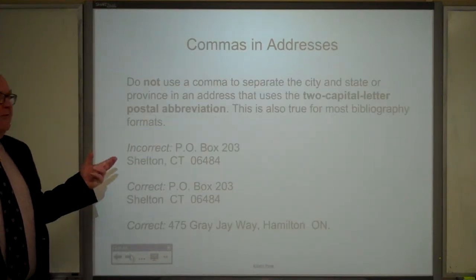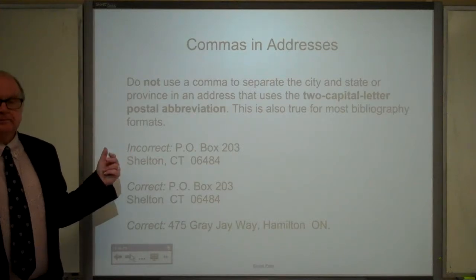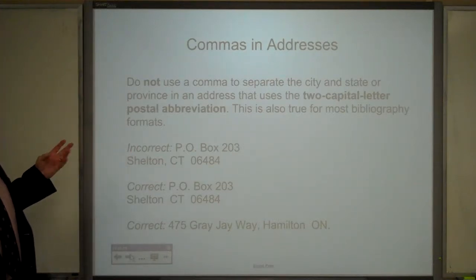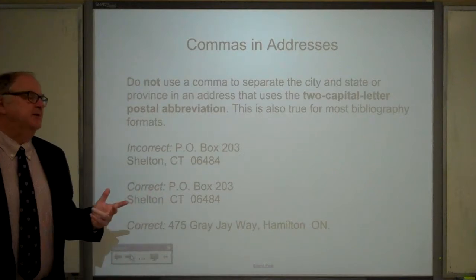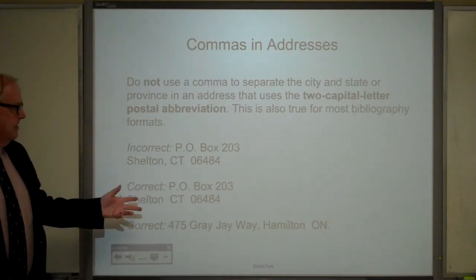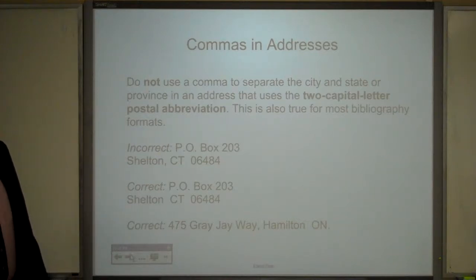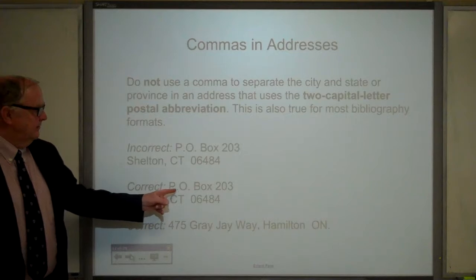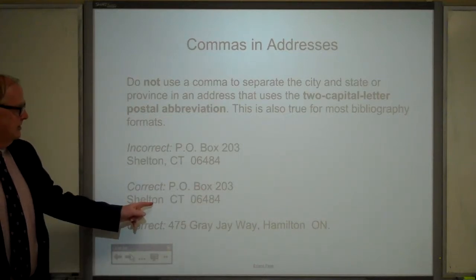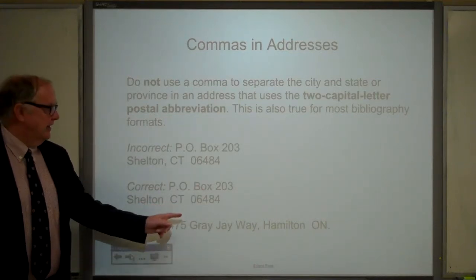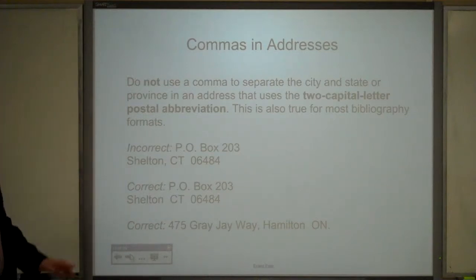Now, if you are using the two-digit capital letter postal abbreviation for an address, then you don't need a comma even between the city and the state, or the city and the province. So, P.O. Box 203, Shelton, CT for Connecticut, doesn't have any commas at all because it's two separate lines.